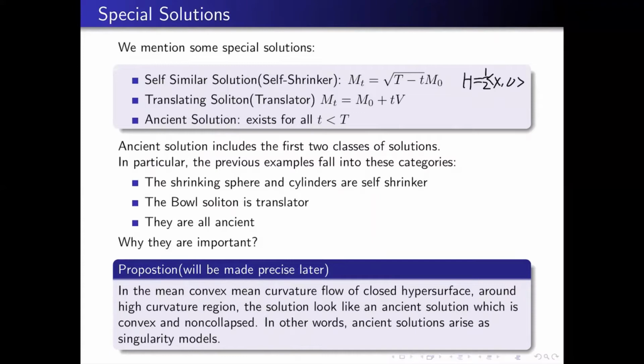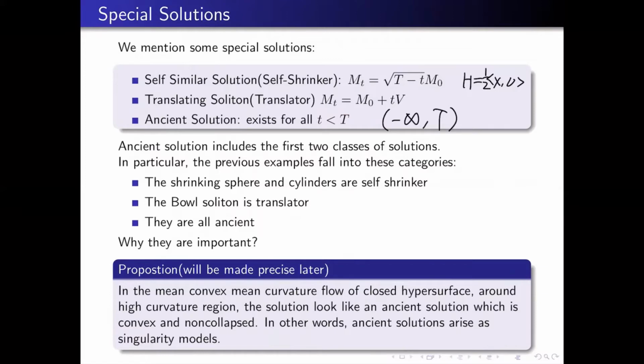The translating soliton is another special solution that moves at a constant speed, as you can see in this definition. And lastly, we have the ancient solution, which is more general and contains the first two categories. This is a solution that exists from minus infinity to capital T for some big capital T.